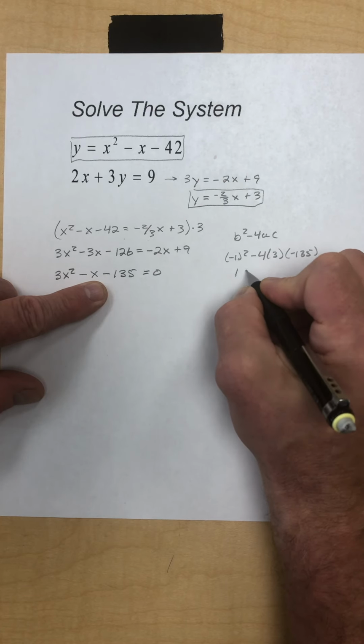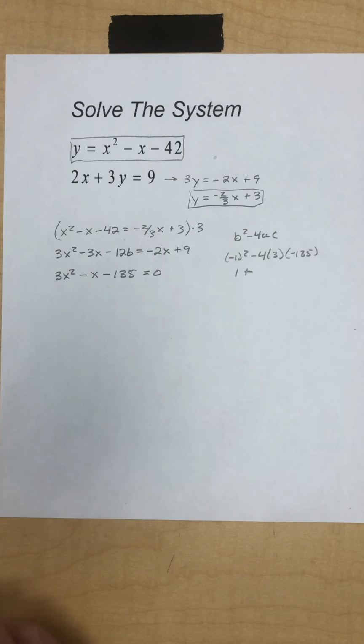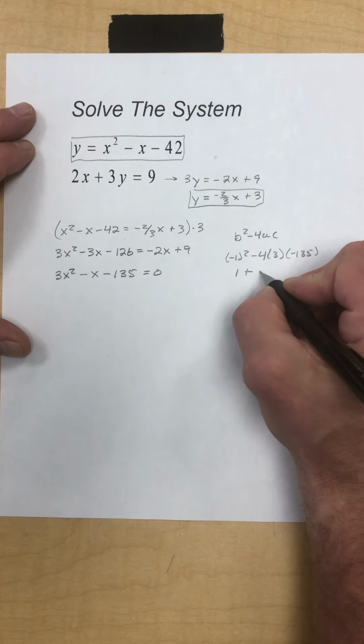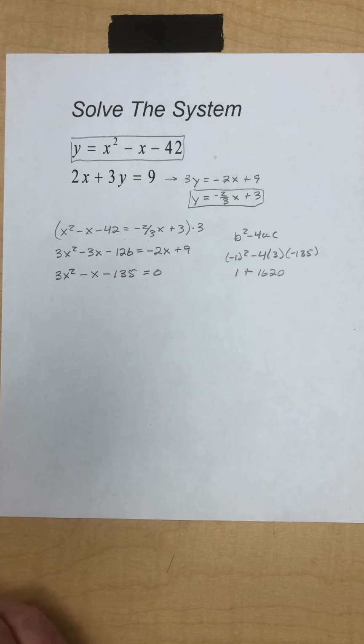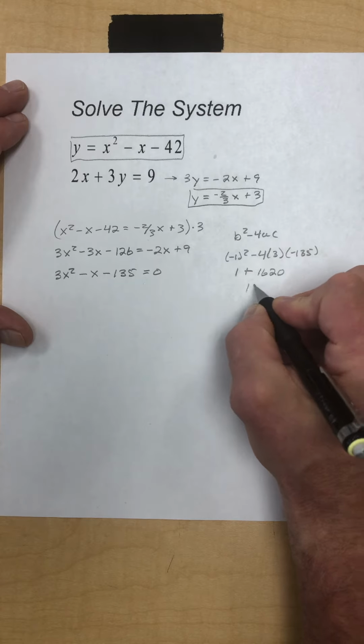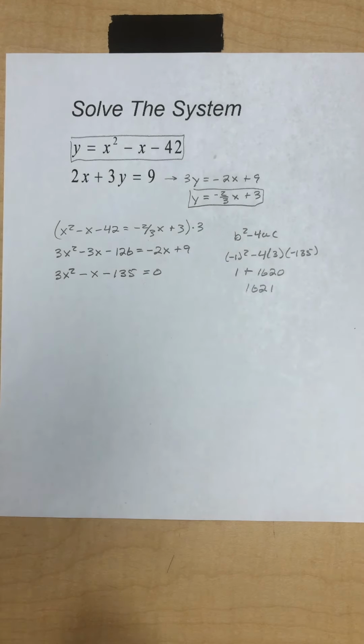So I get 1 plus 12 times 135, 1620. Let me make sure I got that: 4 times 3 times 135. Yep. So I'm going to get 1621.